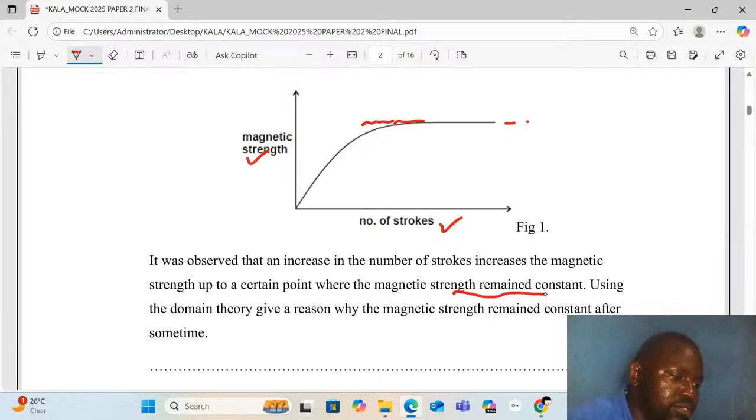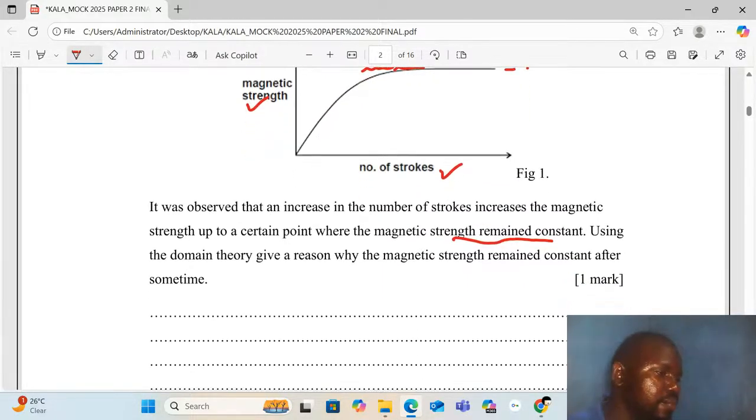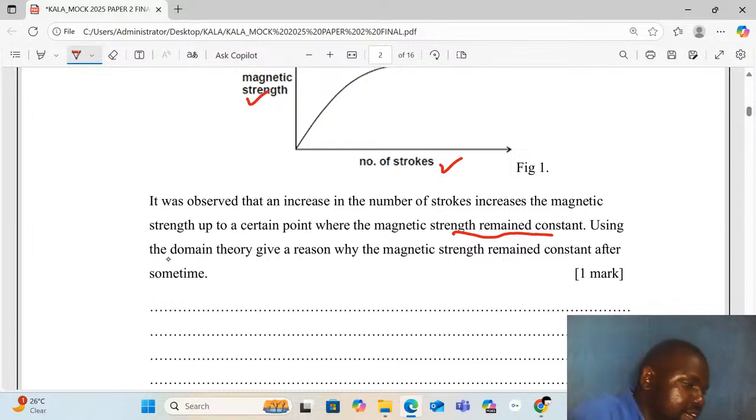So some part of the question is fully explaining the graph. You may, using the domain theory, give a reason why the magnetic strength remains constant after some time. So in this case, we are keen to use the domain theory.